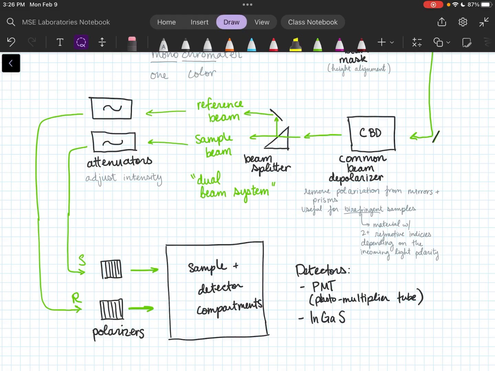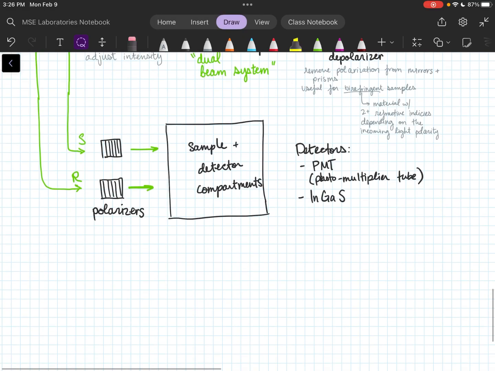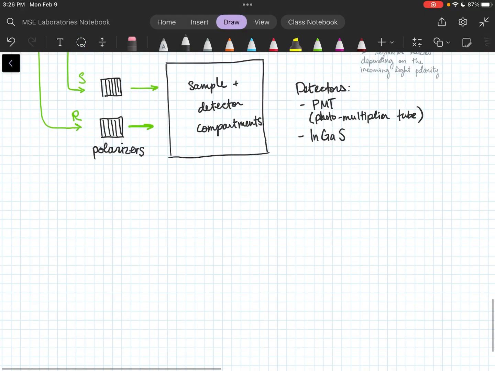Awesome question. Other questions? Okay. We do not have a ton of time, but I want to talk really quickly about what the sample compartment looks like, because we talked about detectors here. There are two very common, and then a whole bunch of uncommon, sample-specific compartments.